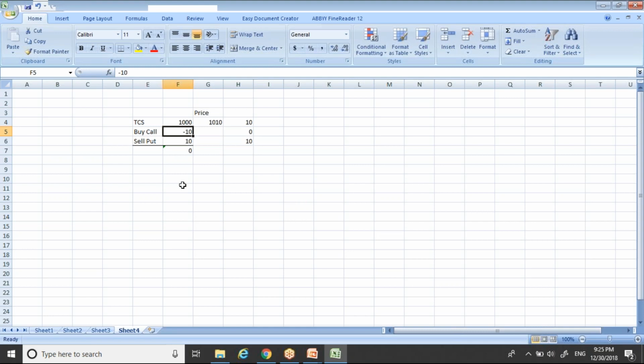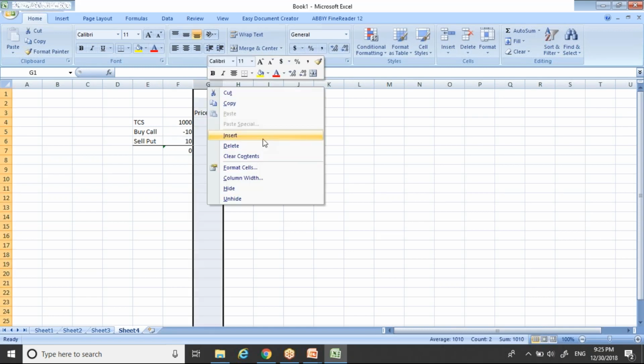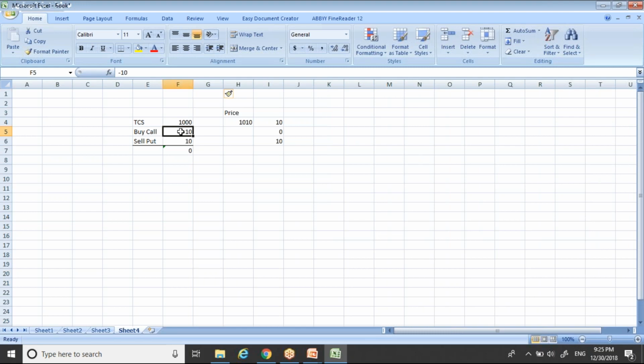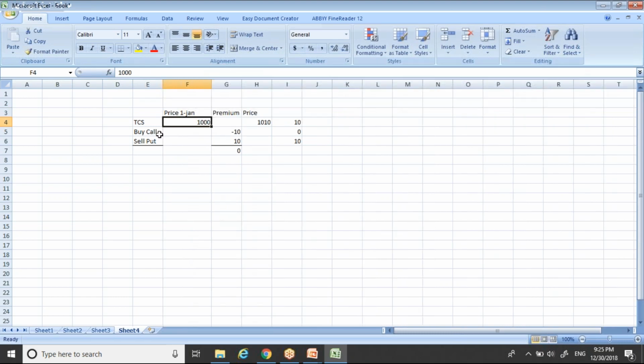So the strike price is the same. What I'll do is add one more column here. This is the premium, this is the price on 1st Jan, and the strike price I'm taking is, let's say, the exercise price is 1000, at the money.